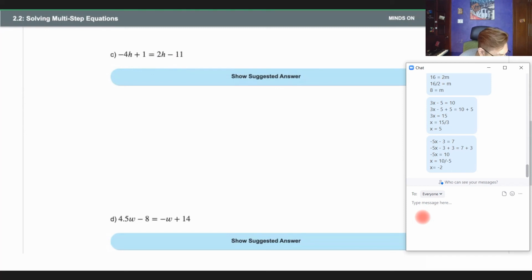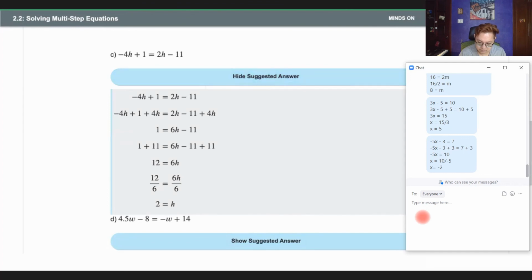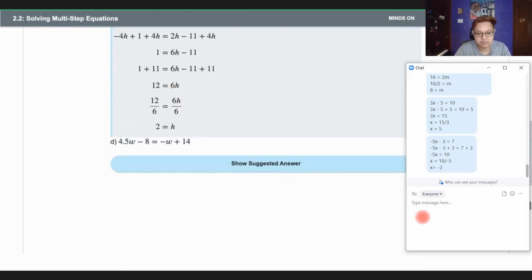And then you bring the 6 down, so 12 divided by 6 is 2, so h equals 2.